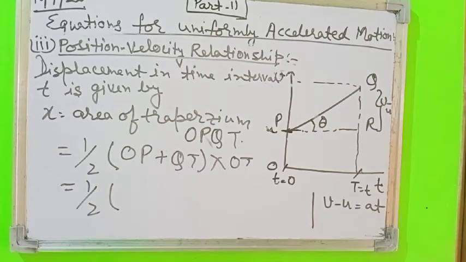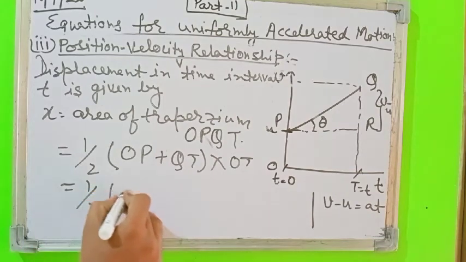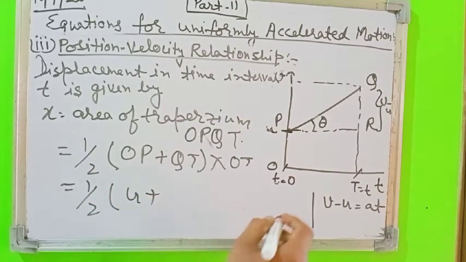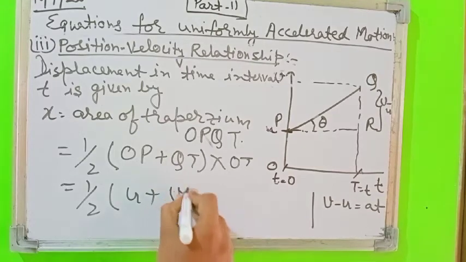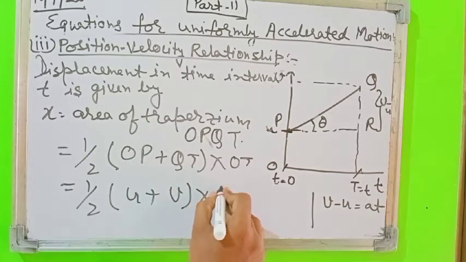OP is what? OP is u plus QT is v into t.